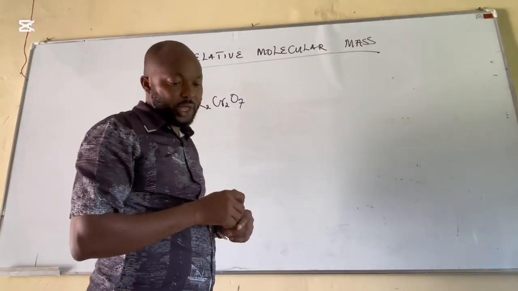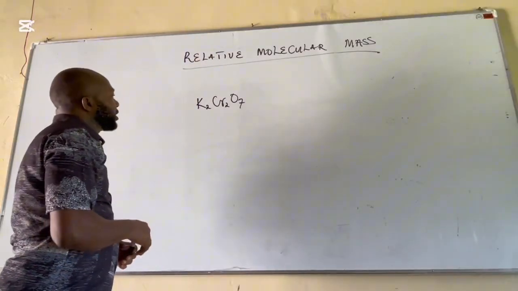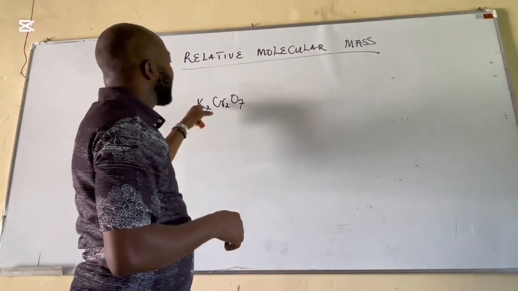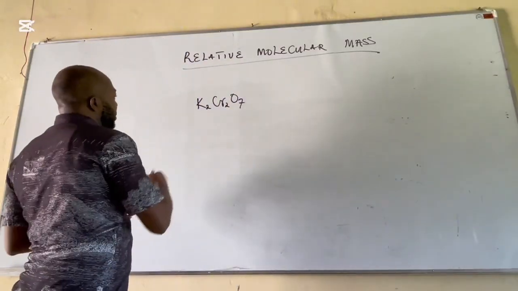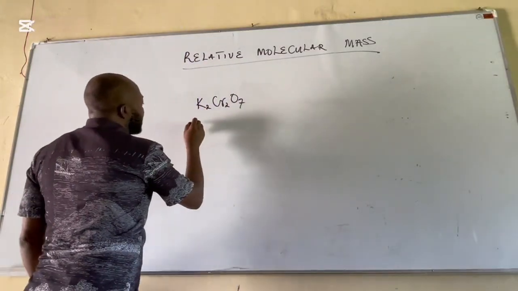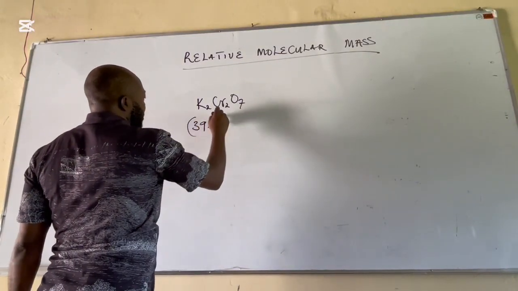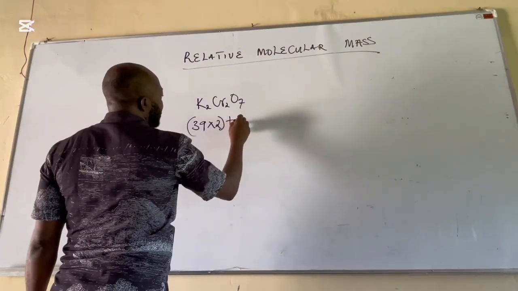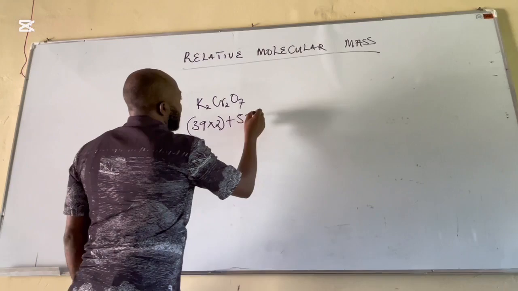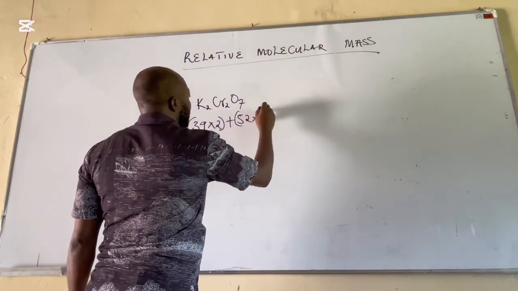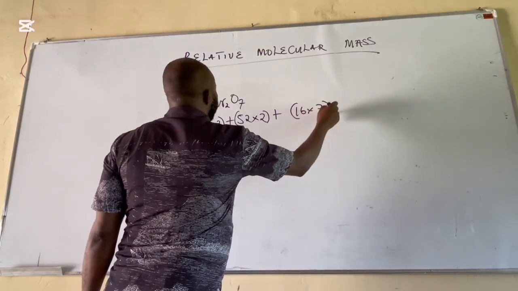Potassium dichromate, K2Cr2O7. Now, the atomic mass of potassium is 39, that of chromium is 52. So we proceed. Now this is 39 times 2 plus chromium is 52, times 2 plus oxygen is 16 times 7.